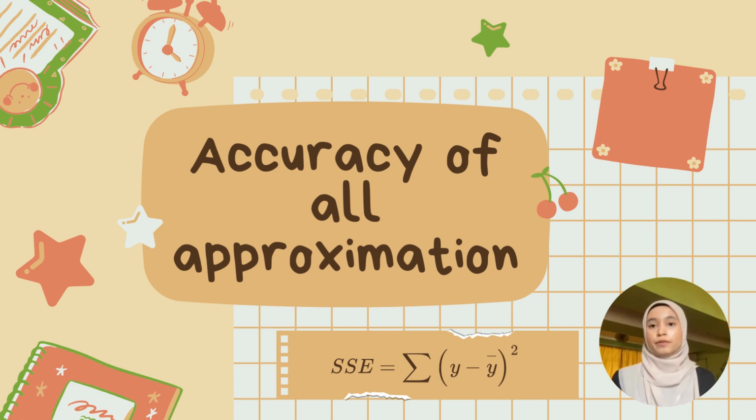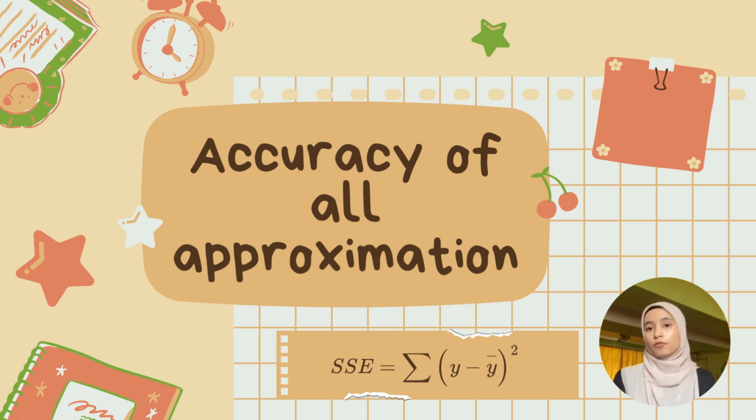Next is accuracy of all approximation. Sum square error, which is SSE, is an accuracy measure where the errors are squared and added. It is used to determine the accuracy of the forecasting model when the data points are similar in magnitude. The lower the SSE, the more accurate the forecast. Understanding this accuracy statistic will help to choose which forecasting model best fits the data.